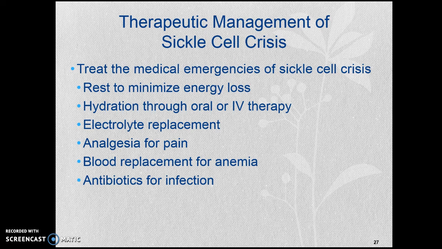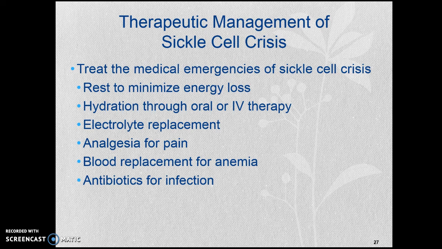So first thing you do when you have somebody come in who's in a sickle cell crisis, there is definitely a priority of treatment there. So the first thing you want to do is hydrate them, okay? You want to try to separate those clumped cells as much as you can to make it easier for them to pass over each other.